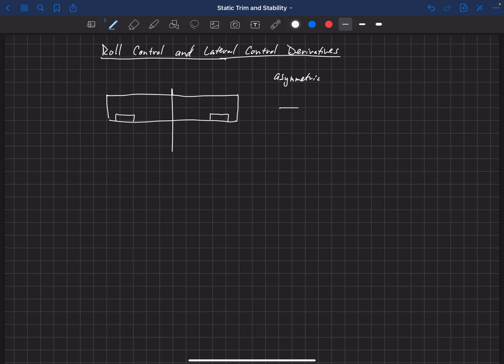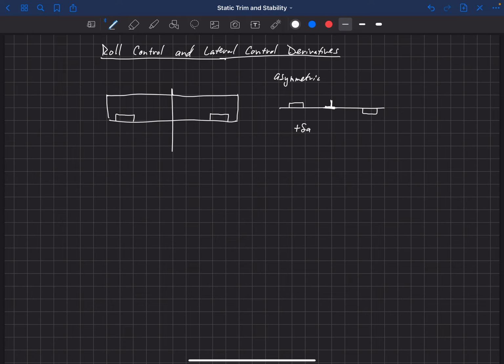So if we look at the airplane from the back here, this is the tail, and then we've got the main wing here. Then a positive deflection is with the right aileron deflected down and the left aileron deflected up. Okay, so this is what we call a positive aileron deflection.